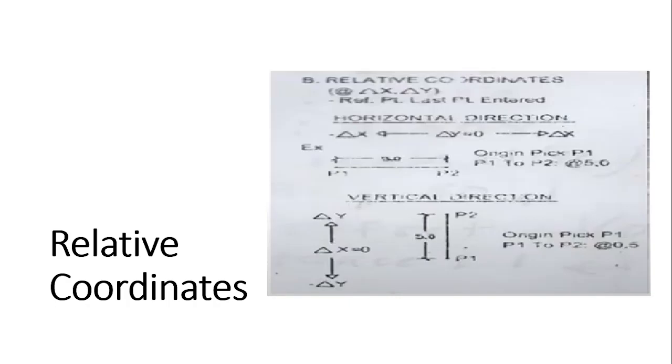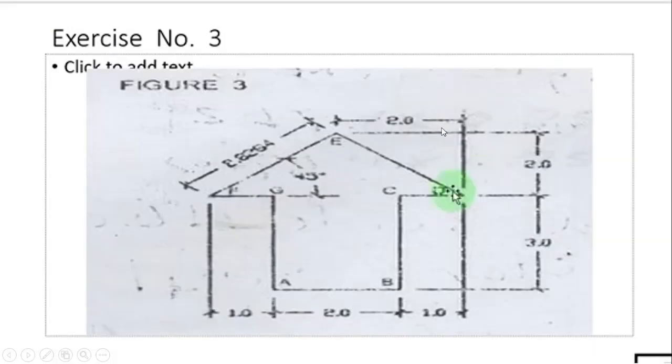When it comes to the y-axis, to assess if our line should be positive or negative, if in the y-axis the point is going upward, automatically our change in y would be positive. While if our point is going downward, we should declare our value and the change of y to be negative. So our declaration for the relative coordinates must be at the change in x, comma, change in y.